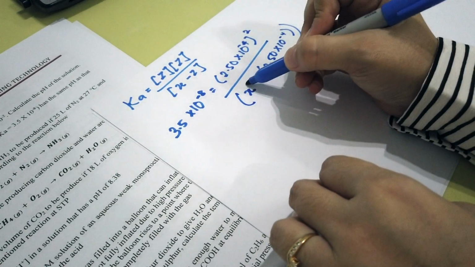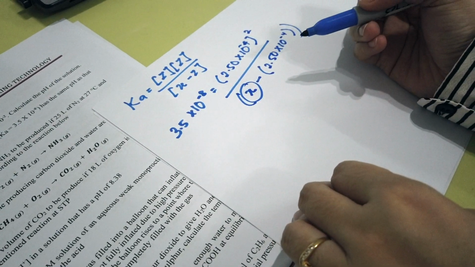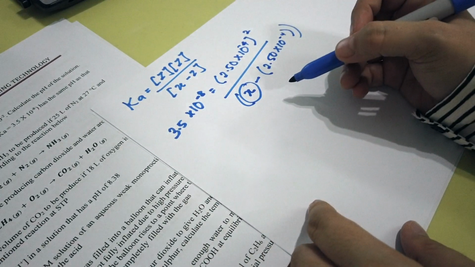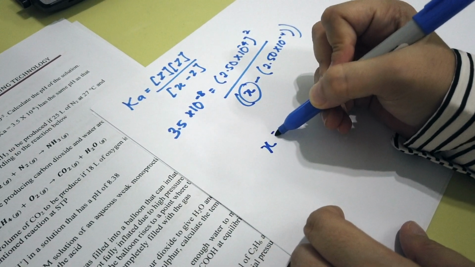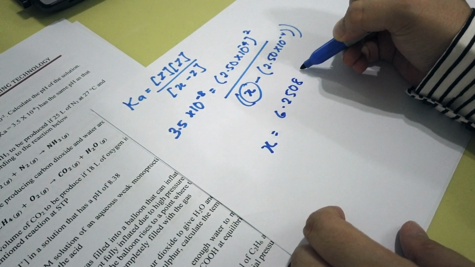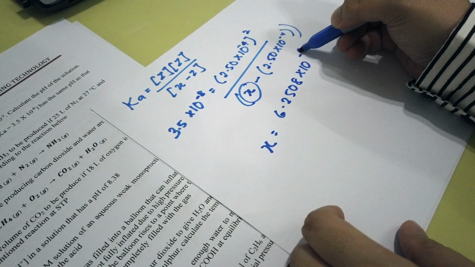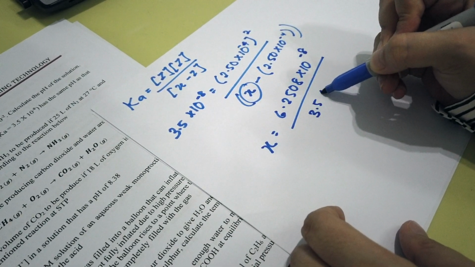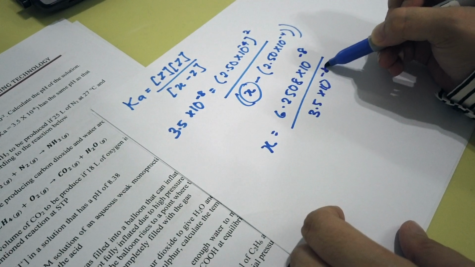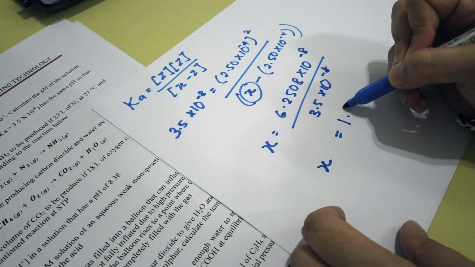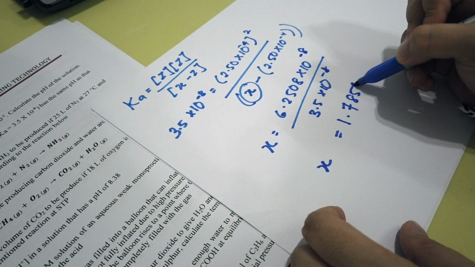So from here, we can definitely find X. If you solve it, you can find your X is equivalent to 6.2508 times 10 to the power of negative 8 divided by 3.5 times 10 to the power of negative 8. Therefore, you will get your X equivalent to 1.7859.